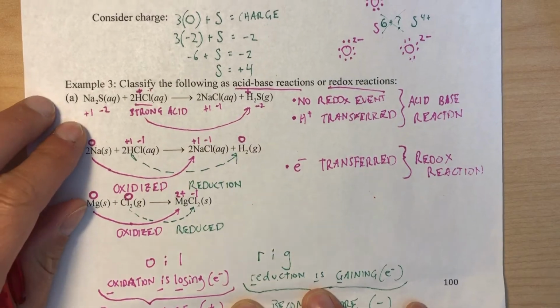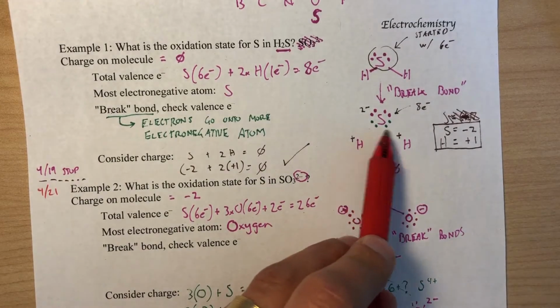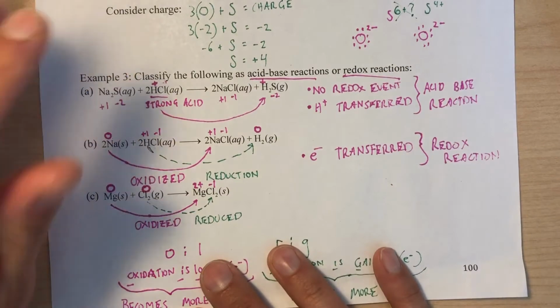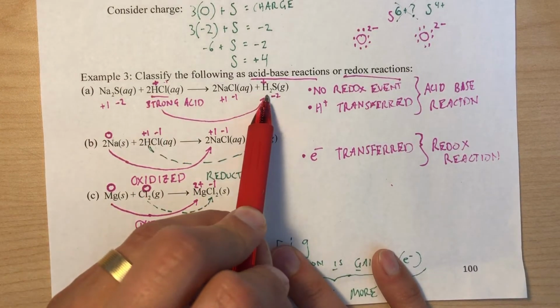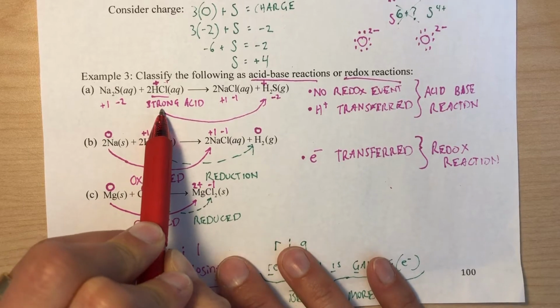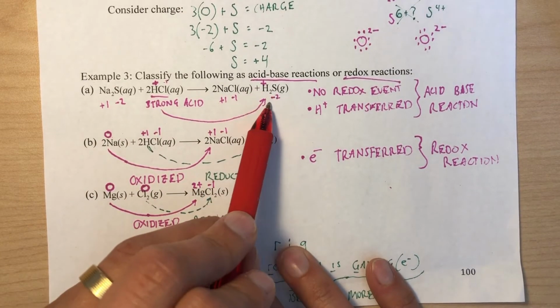We could have figured this out in the same analysis that we did back in example 1, where we determined that the sulfur was -2 and the hydrogen is +1. So the hydrogen has gone from +1 to +1. It has remained a proton. So this strong acid has successfully donated a proton, and it has landed on sulfur.